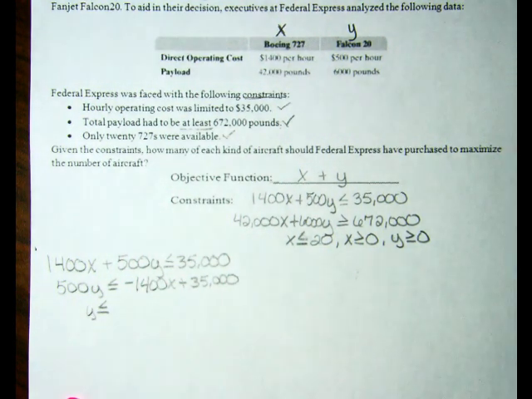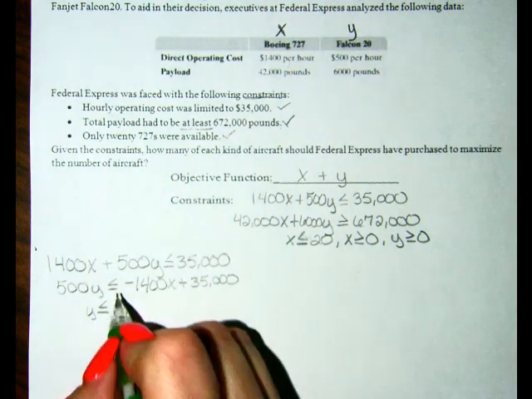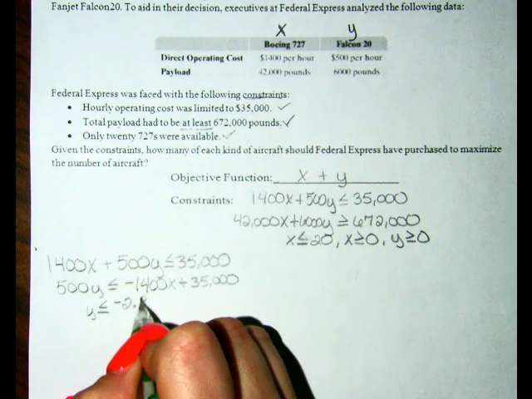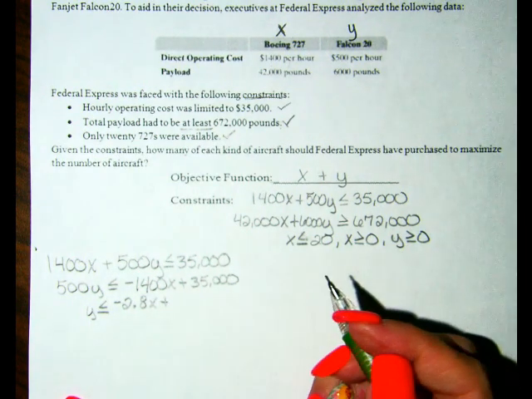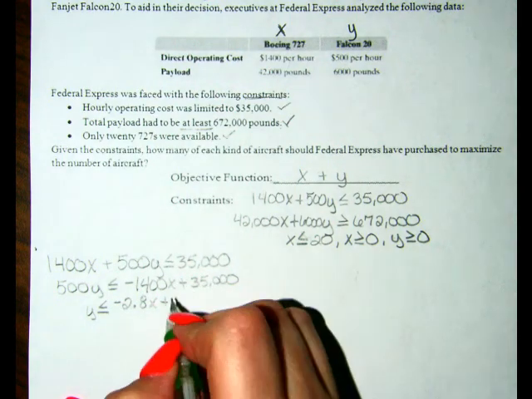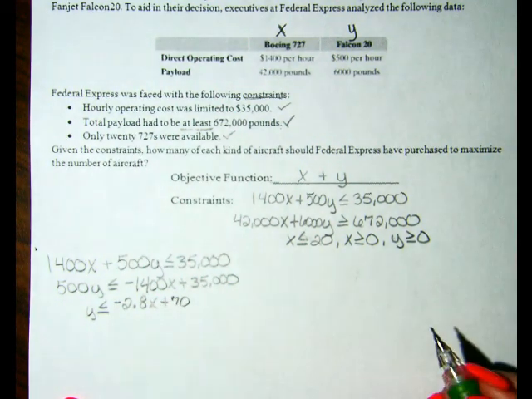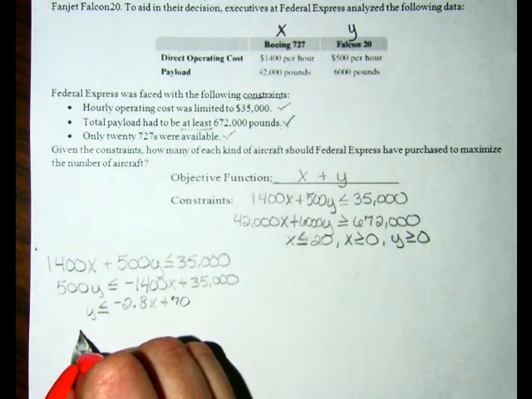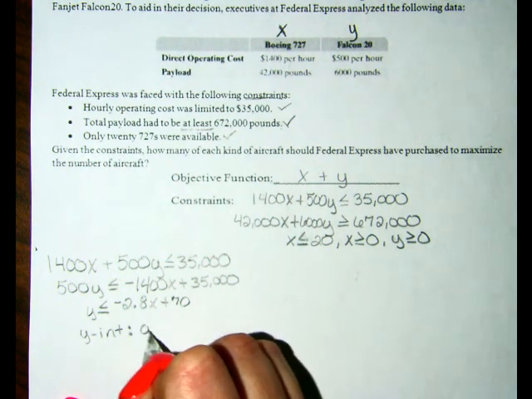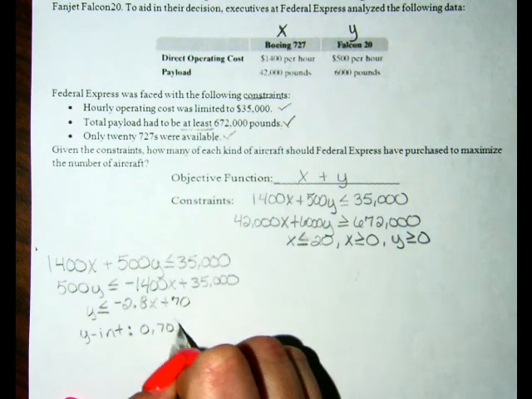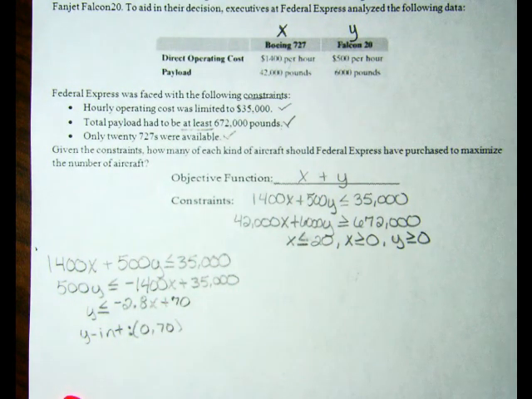You'll come up with Y is less than or equal to negative 2.8x plus 35,000 divided by 500 gives you 70. Okay, from here I know that my y-intercept is 0, 70.